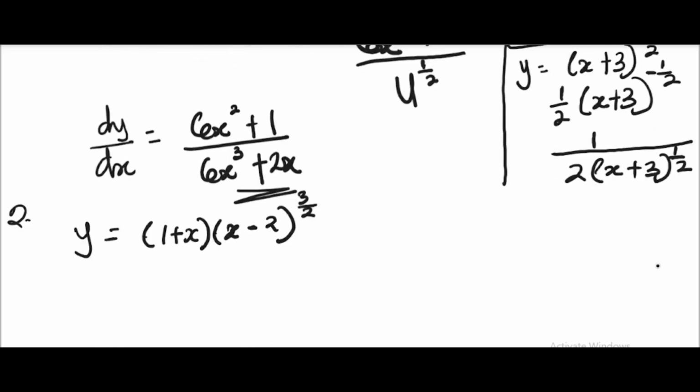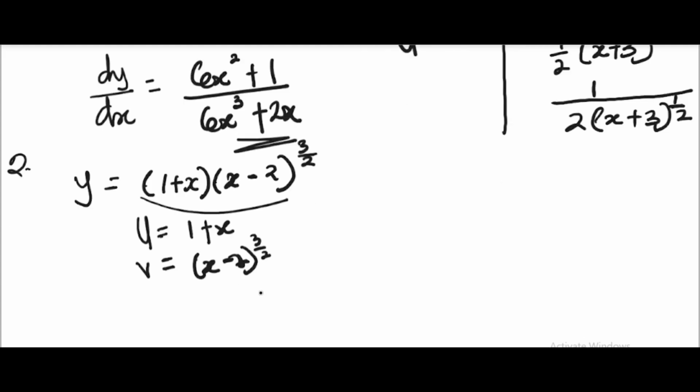Okay, now moving on to the next question. If you look at this, I'm saying product rule, but then I have 3 over 2 as a power. Remember, before we started these examples, I said we can actually apply two rules in solving one question, right? So if my u is equal to 1 plus x, and my v is equal to x minus 2 raised to the power of 3 over 2.